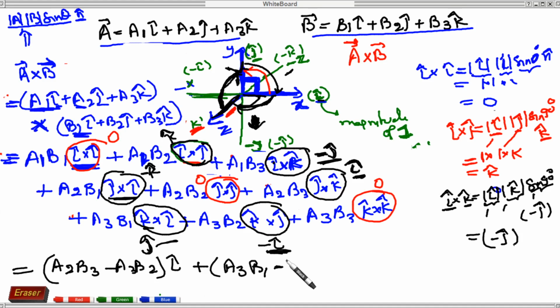And I have to combine the k component. What will be the k component?